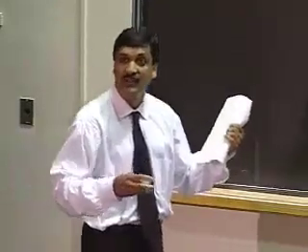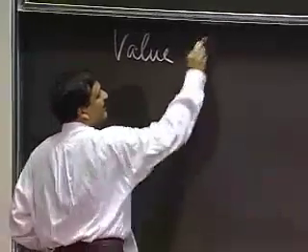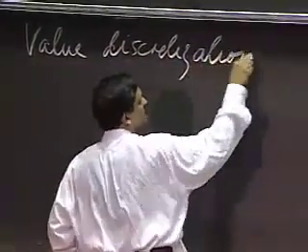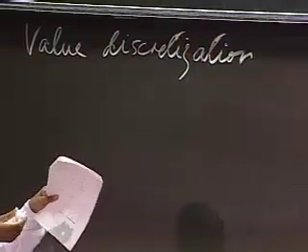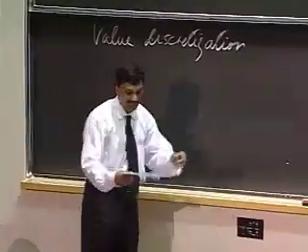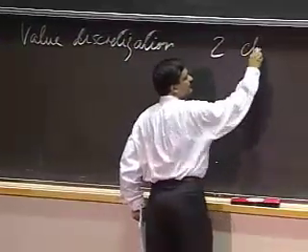Let me show you how it can really help with the noise problem. So the idea is value lumping or value discretization. Much like we lumped matter, we discretize matter into discrete chunks. Let's discretize value into two chunks.